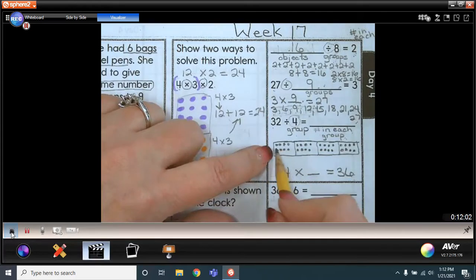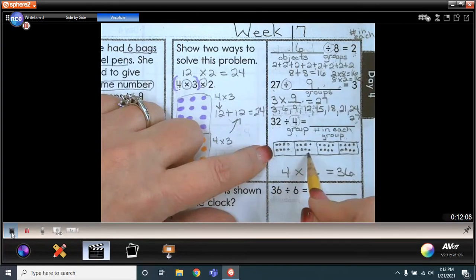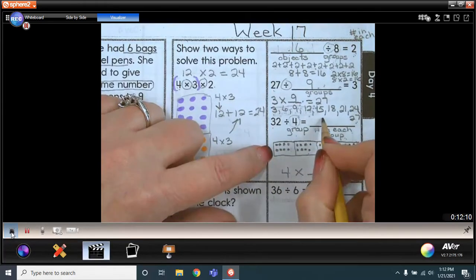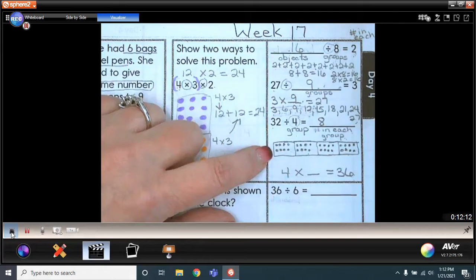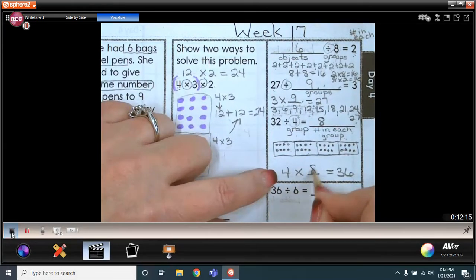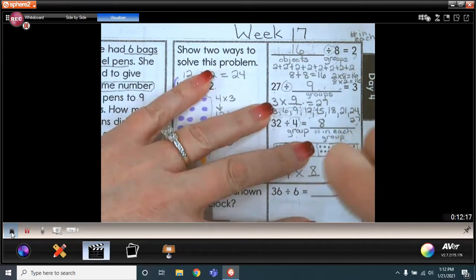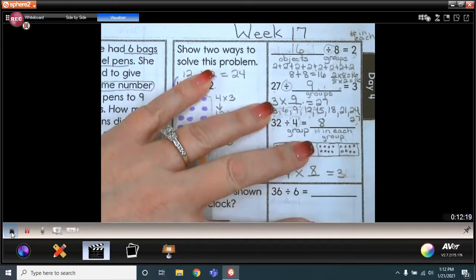So if you notice, there's 4 on the top and 4 on the bottom, which makes 8. 4 and 4 is 8, 8, and finally 8. So there are 8 objects in each group, and 4 groups of 8. Oh, I put 36. Oopsie doopsie.